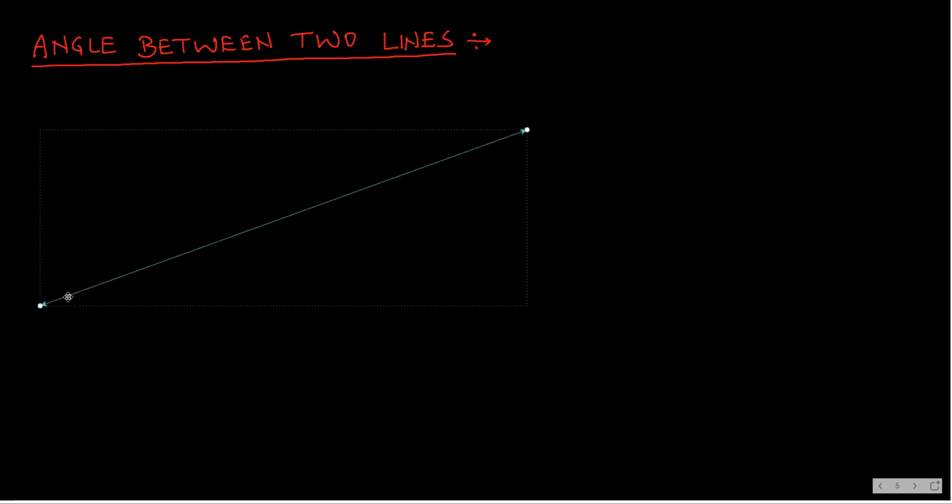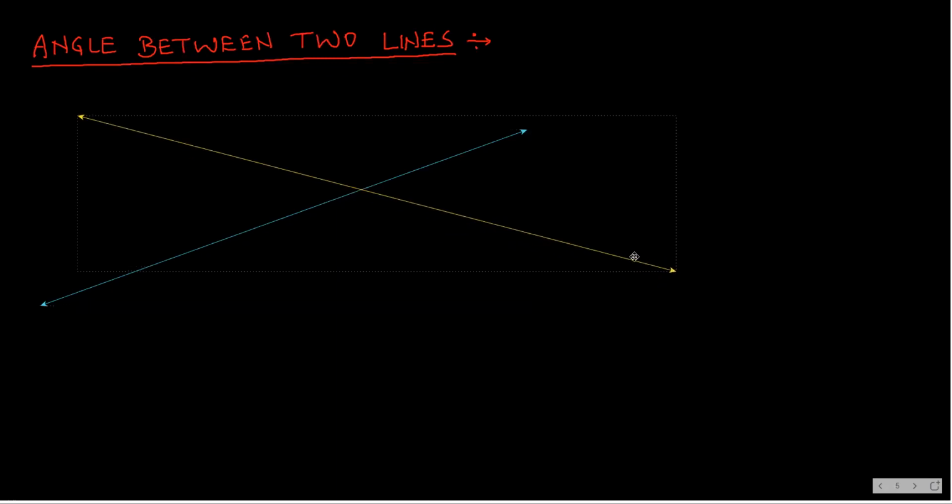So let's have two lines which are definitely not parallel lines, because if they are parallel lines, then the angle would definitely be 0. So here, I have two lines which are not parallel, and I named them L1 and L2.